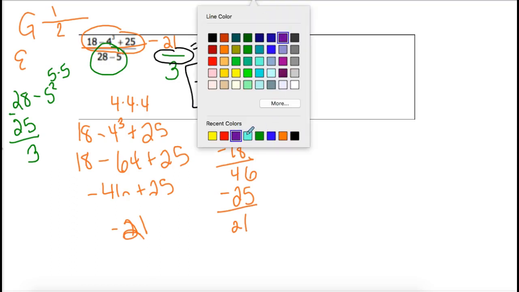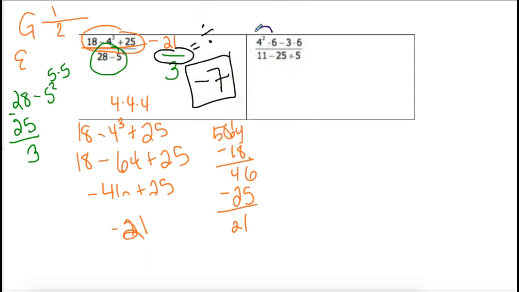Here we go. So, looking at the top first, 4 squared times 6 minus 3 times 6. Okay, so 4 squared is 16 because remember this is 4 times 4. So 4 times 4 is 16 times 6. 6 times 6 is 36. 6 times 1 is 6 plus 3 is 9.